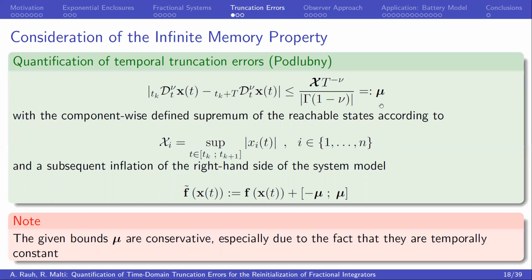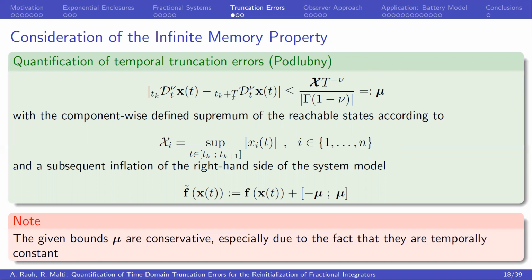The corresponding guaranteed bounds are described by the vector mu, and this vector is a constant vector for all future points of time, starting at the point tk plus capital T.